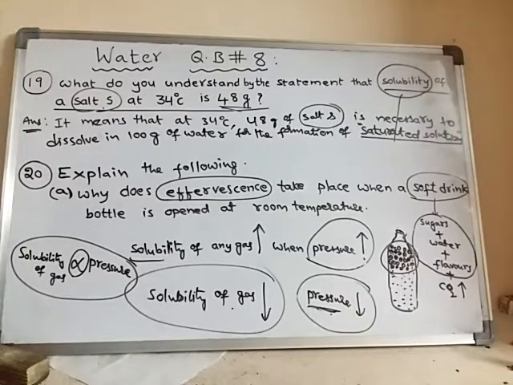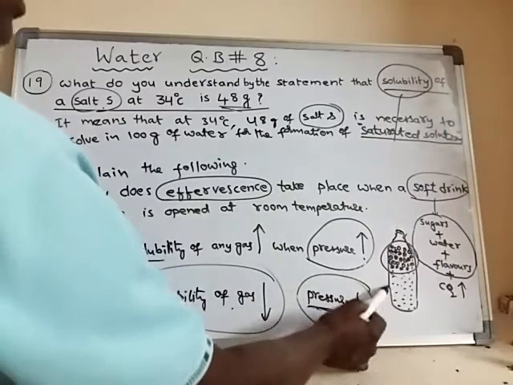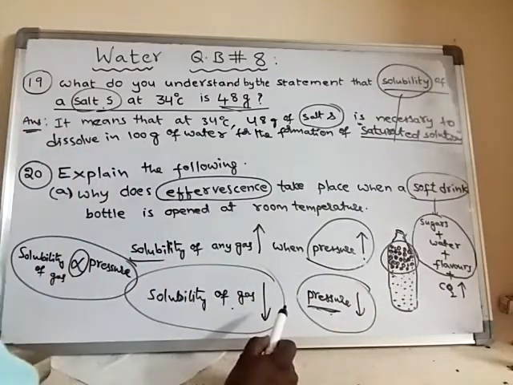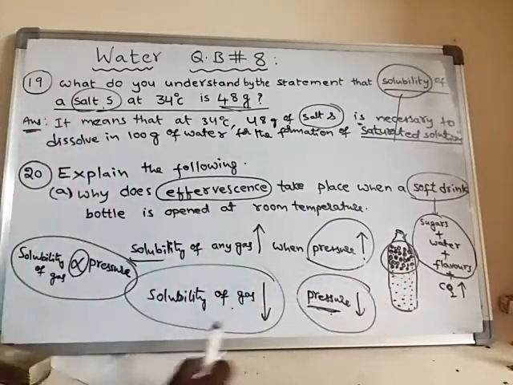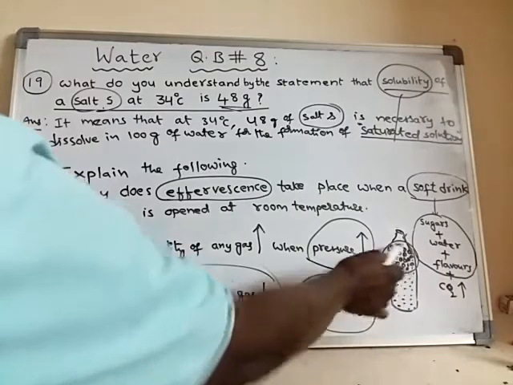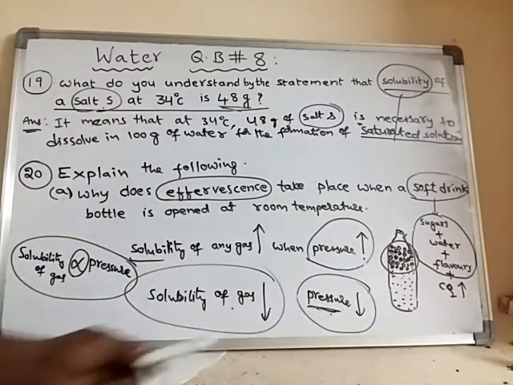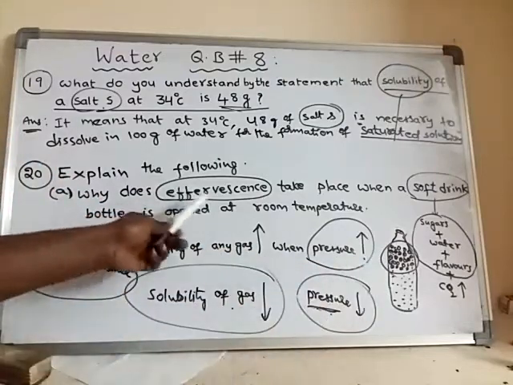Thus the excess gas in the soft drink rapidly bubbles. Rapidly means fast. It comes out from the solution in the form of bubbles, thereby causing the effervescence. The bubbles of carbon dioxide, or the bubbles of the gas, are said to be effervescence.